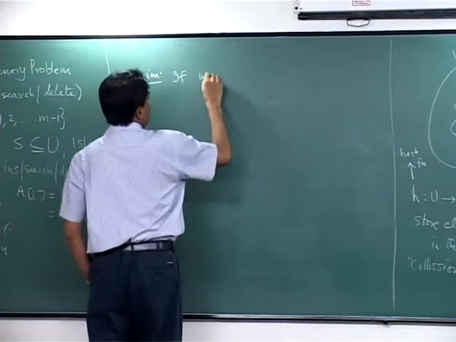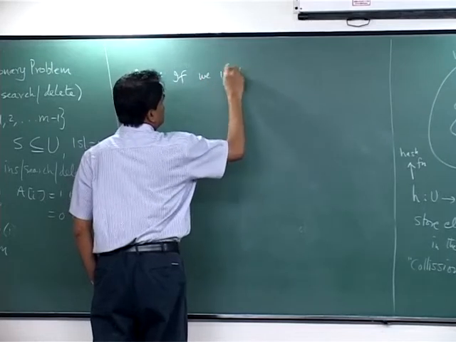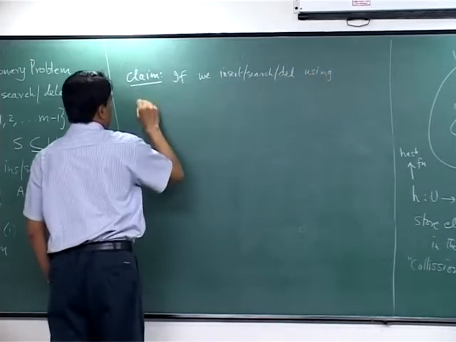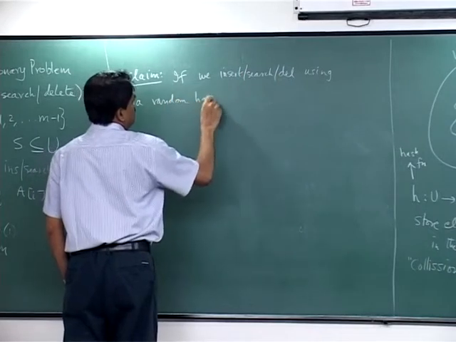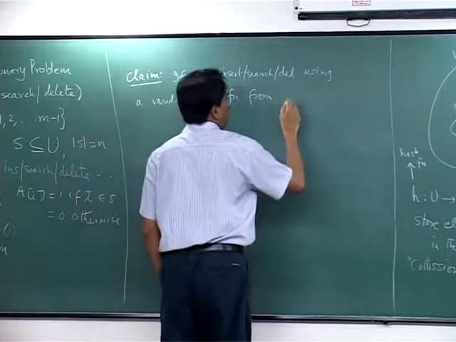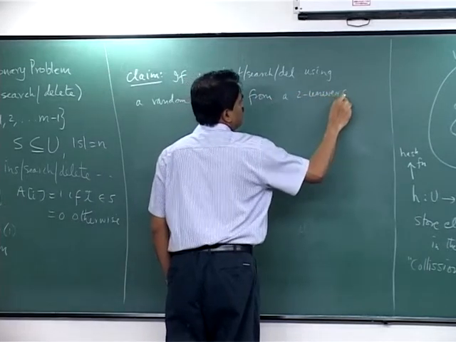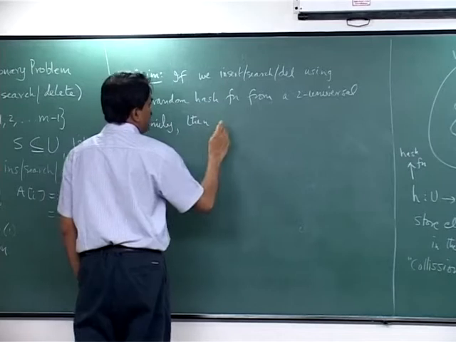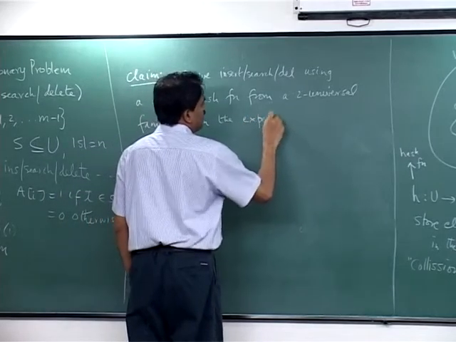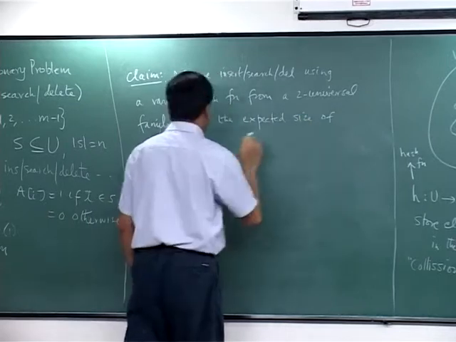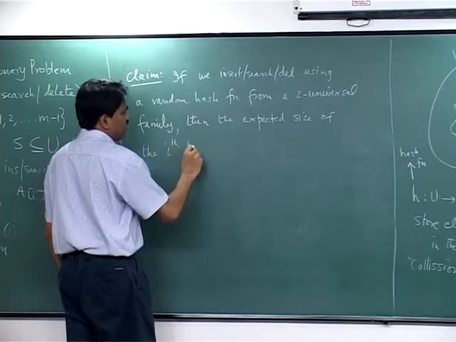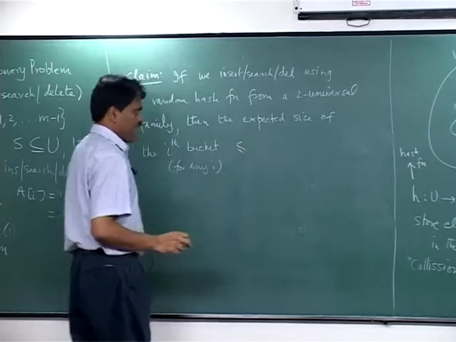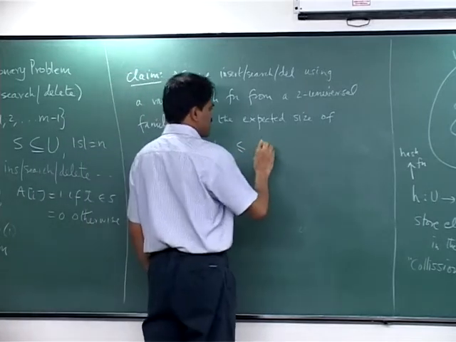If we insert, search, delete using a random hash function from a 2 universal family, then the expected size of the ith bucket, for any i, is at most cardinality of S by t.